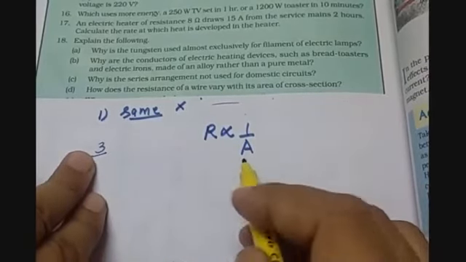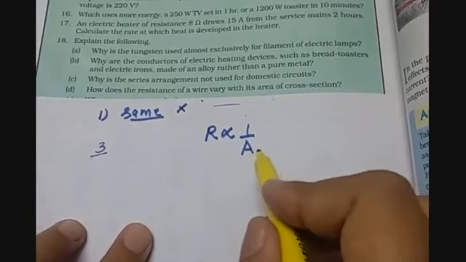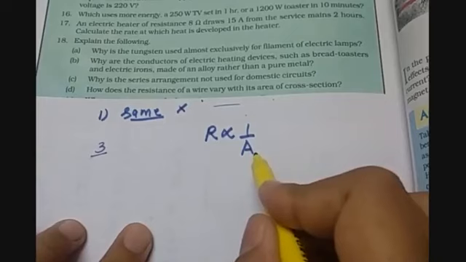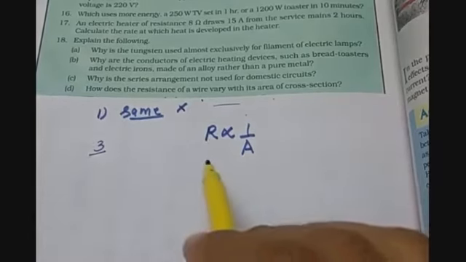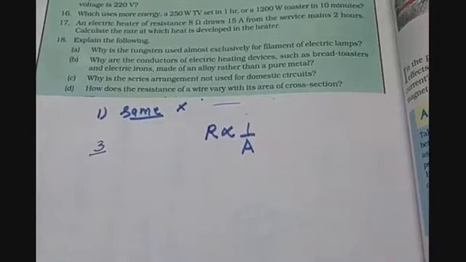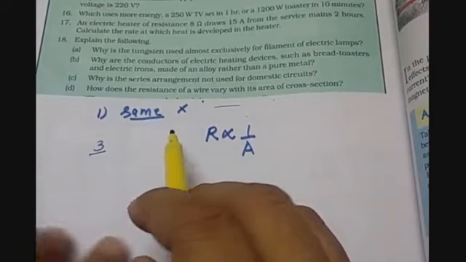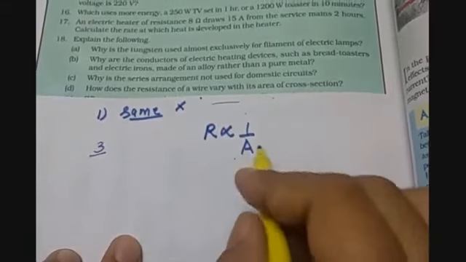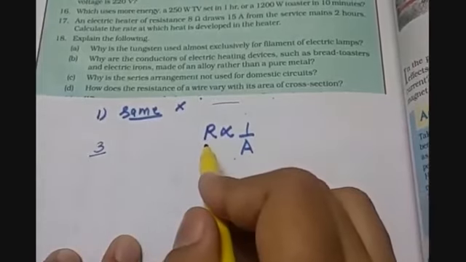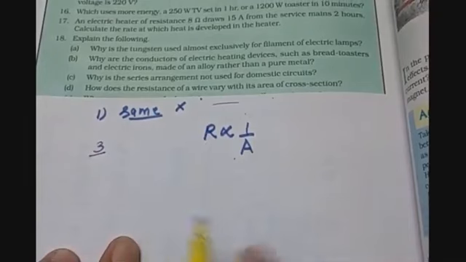Suppose we are doubling the area of cross-section, then the resistance will become 1/2, because they are inversely proportional to each other. So when this gets twice, this value will get half, and when this gets half, it will get doubled, and vice versa.